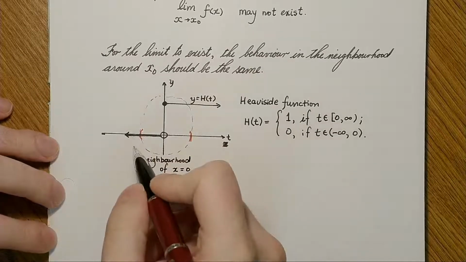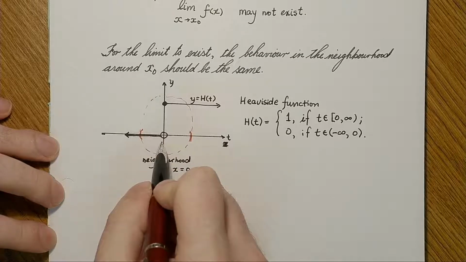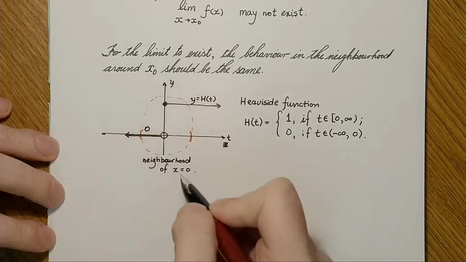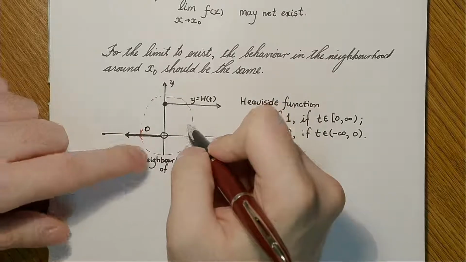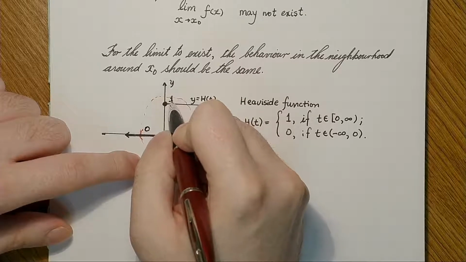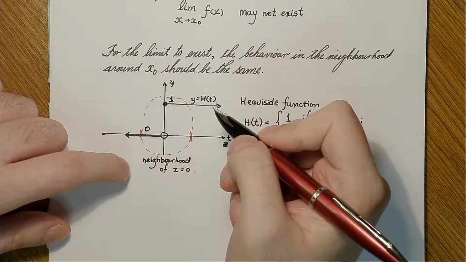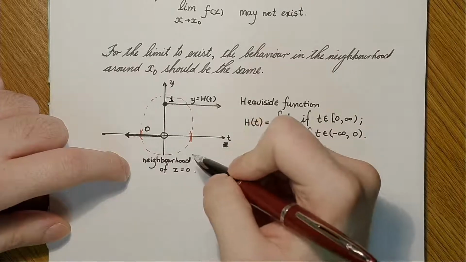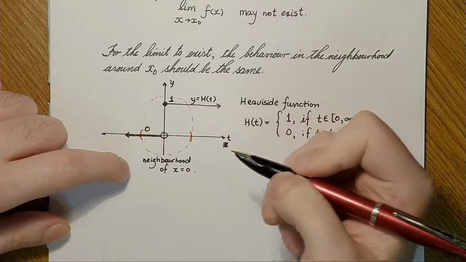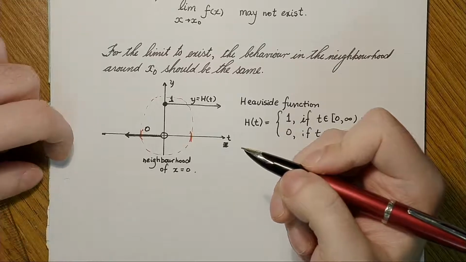So what happens is if we approach x equals 0 from the left-hand side, we see that the value is 0. And if we approach from the right-hand side, the value is 1. Now, we have two different behaviors in this neighborhood of x equals 0. For the limit to exist, the behavior has to be the same.